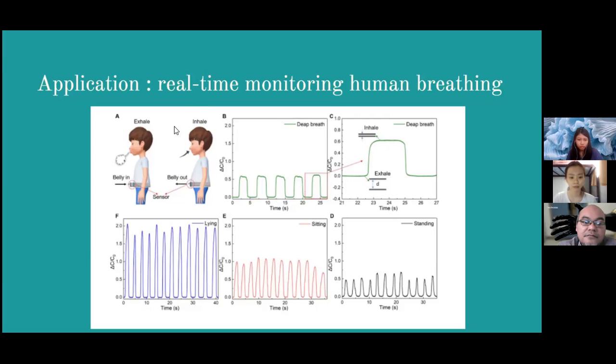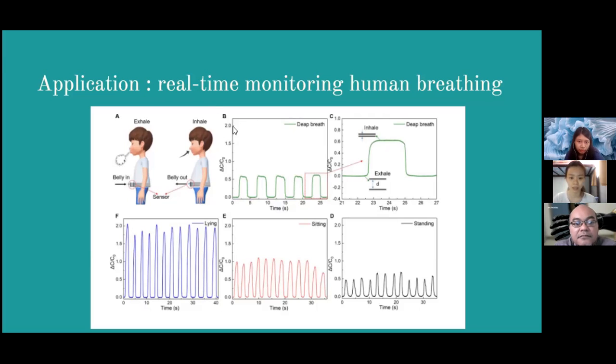But when the individual inhales, the abdominal muscles relax, causing the belly to thrust out, and the distance between the two conductive materials is reduced. And the change in the distance between the two conductive materials in the sensor is what generates the signal.